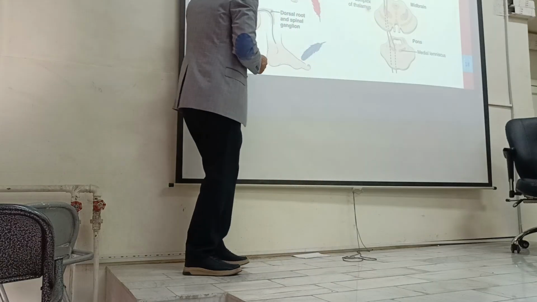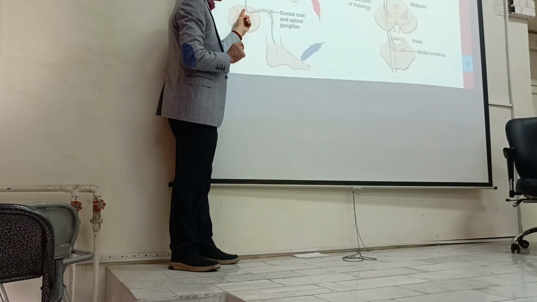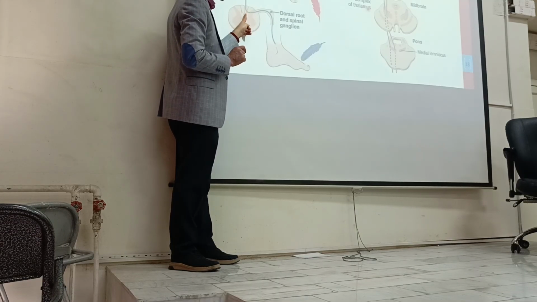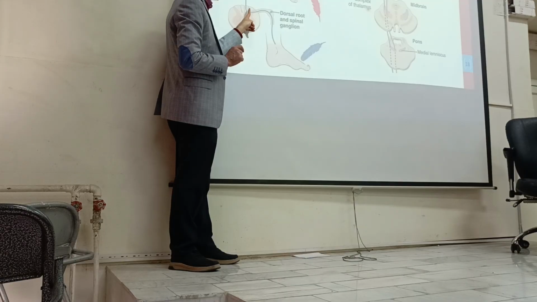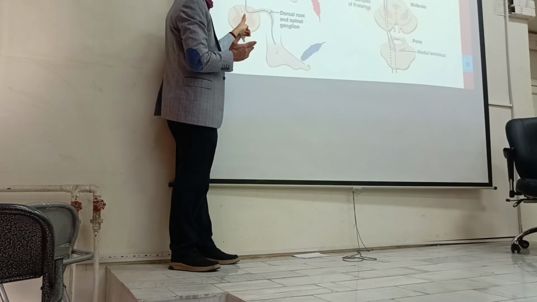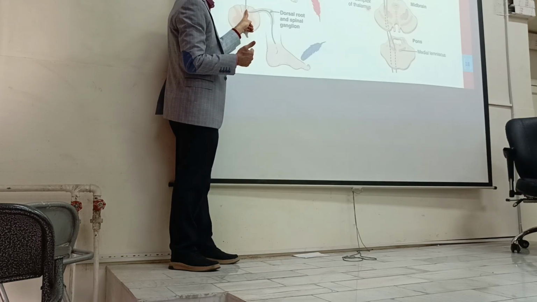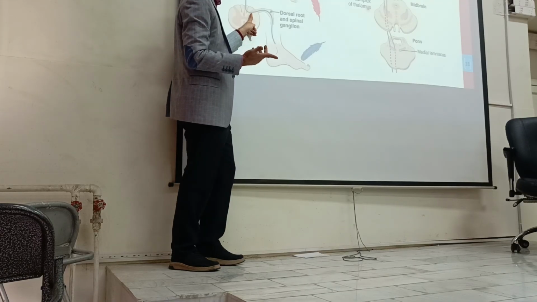But let's have a look here. So you can see that dorsal column on each side has 2 parts, right? The first one, which is located close to the midline, is called fasciculus gracilis. The other one, which is located laterally, is called fasciculus cuneatus, right?